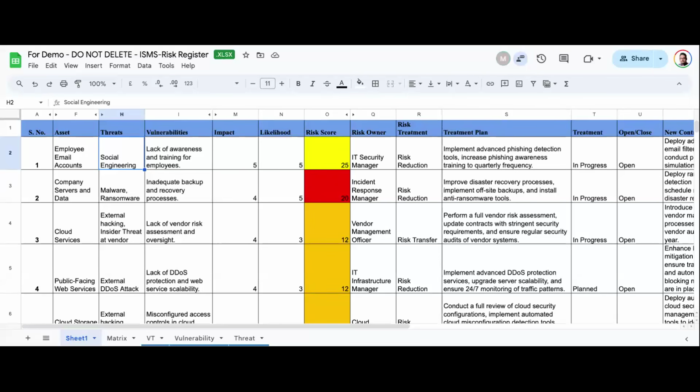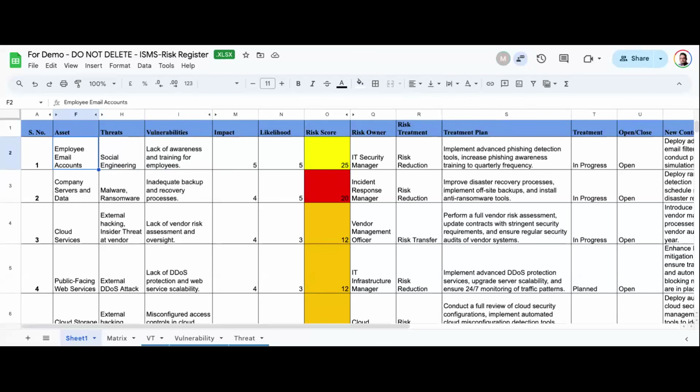They can search around different sites also. There are different social engineering methods out there. Because of lack of awareness, maybe because of phishing attacks also, they can get to know your email accounts. So lack of awareness may be a vulnerability. Employee email accounts are an asset under threat from social engineering.